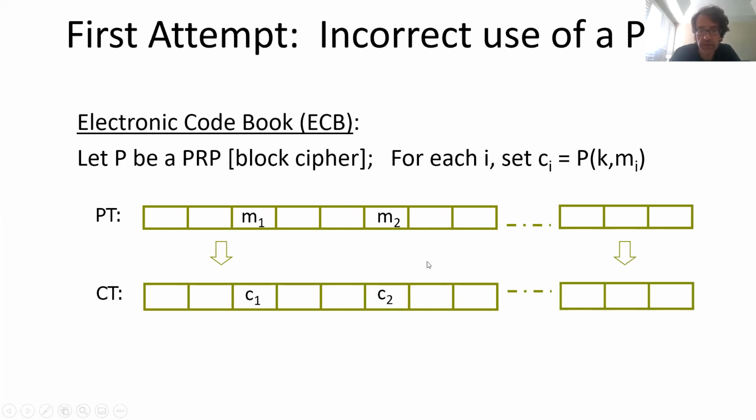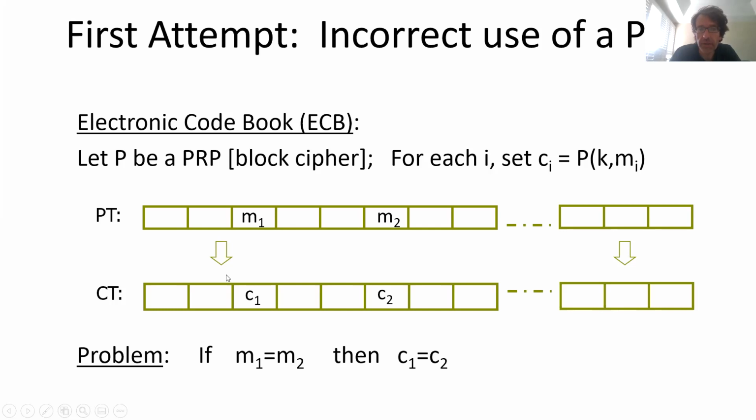So this is not even indistinguishable. The plaintext is the whole message divided into blocks, so M1 and M2 are two different blocks of the same message.